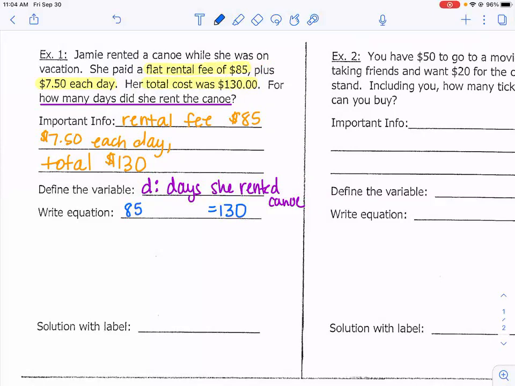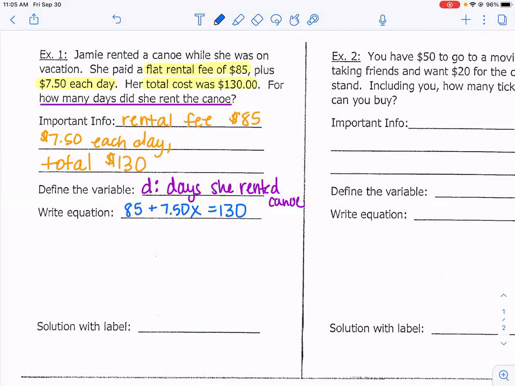So 85 is our constant, but then we're going to add on the $7.50 per day. So I'm going to multiply 7.50 by X because of that per day.